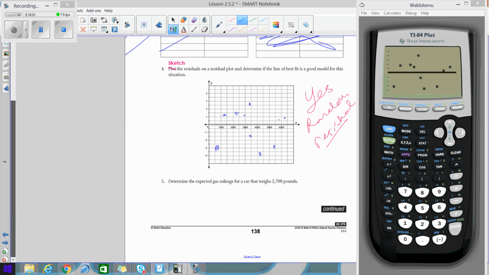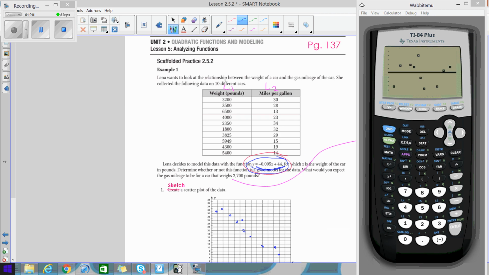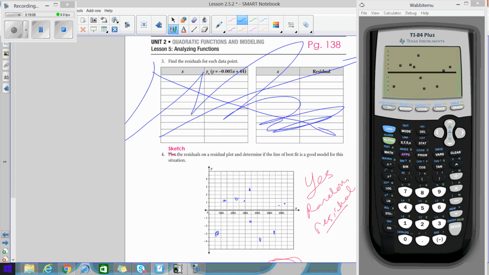Now it says determine the expected gas mileage for a car that weighs 2,700 pounds. So that means we have to go back and use our equation that we said was the best line of best fit. So y equals negative 0.005x plus 44.